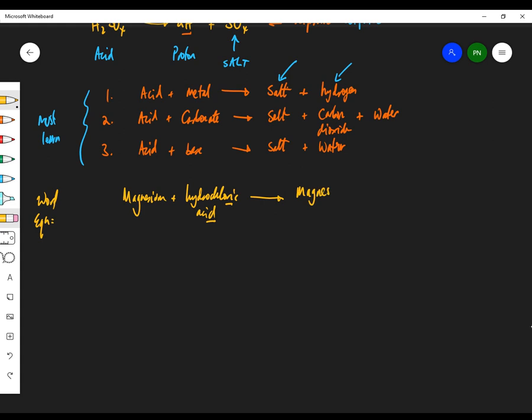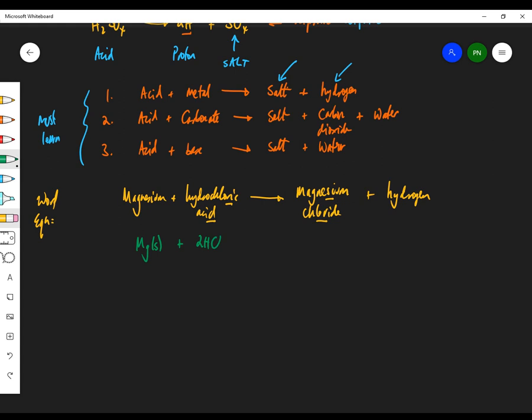The salt is going to be magnesium, and since we're using hydrochloric acid, it's going to be chloride. And the other product is hydrogen. What I mean is this chloride is written underneath magnesium, not at the side of magnesium. So let's change this into a symbol equation.